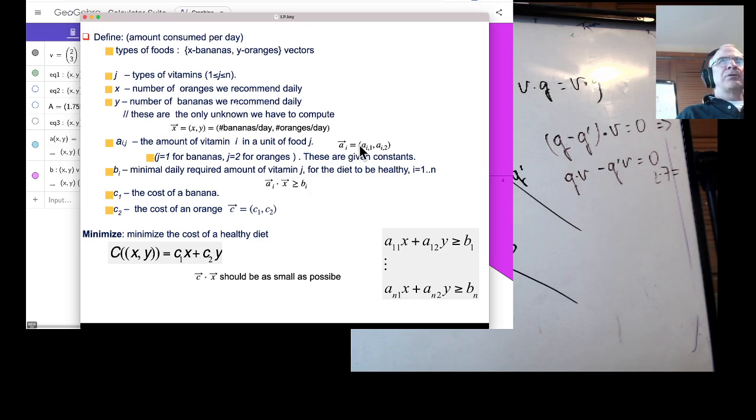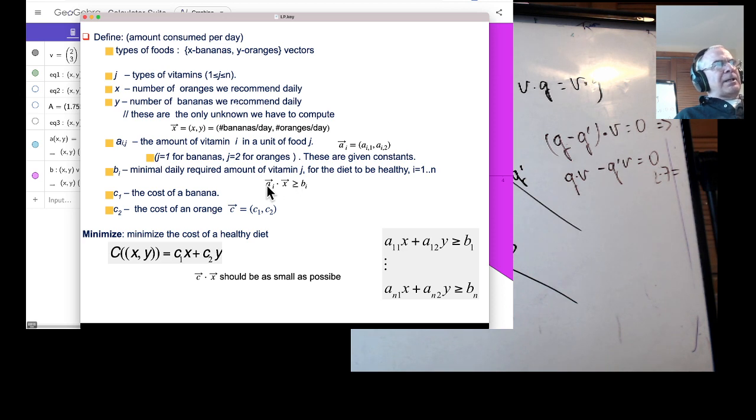In this case, I have only two types of food, but very soon we'll work on 3, 4, or d types of food, which will make it a d-dimensional problem. Now if bi is the minimal daily requirement of vitamin i to be a healthy diet, what is its constraint in food i? The vector ai times x larger or equal than the other scalar bi.